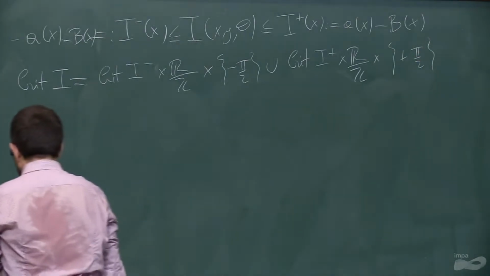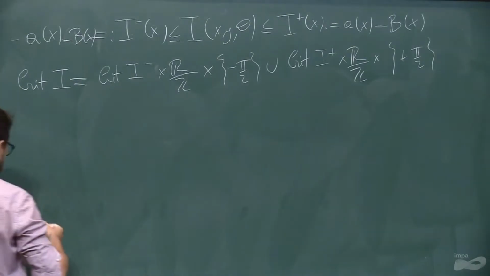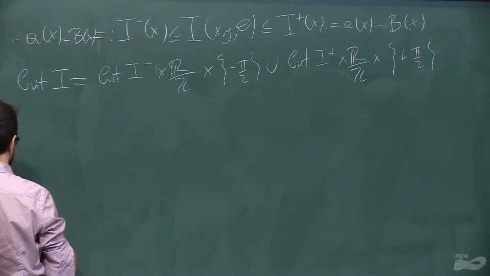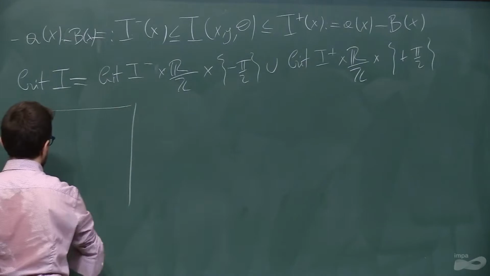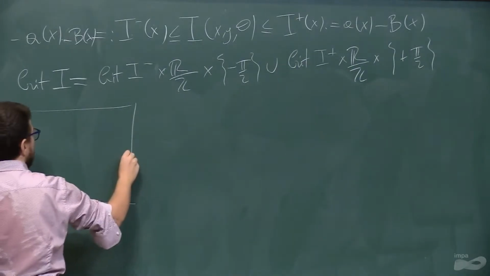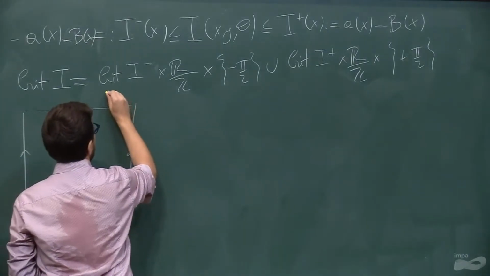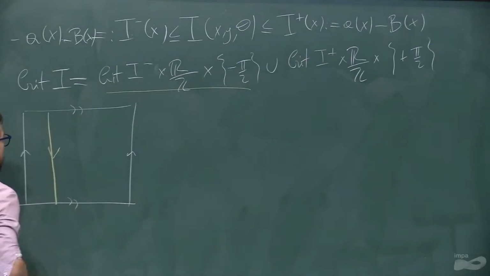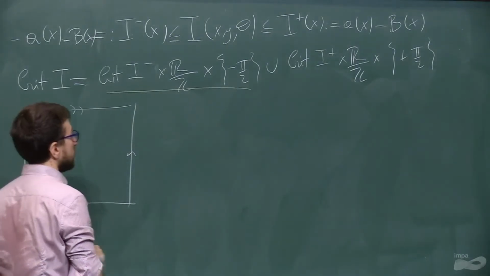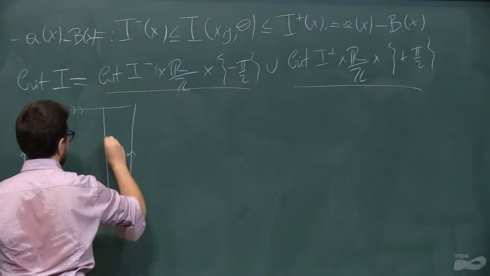Okay, and then for each of these two types of critical points, one gets periodic orbits which run vertically. So if this is here my torus, then for the first type of critical points, I have orbits going in this direction. And for the second type, I have orbits going in this direction.